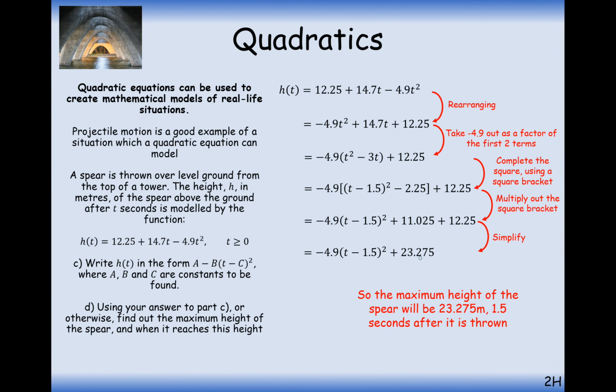So it'd be 23.275 minus 4.9 times t minus 1.5 squared. So in this expression, a is equal to 23.275. b is the value at the front, so b is just 4.9. And c here is 1.5.